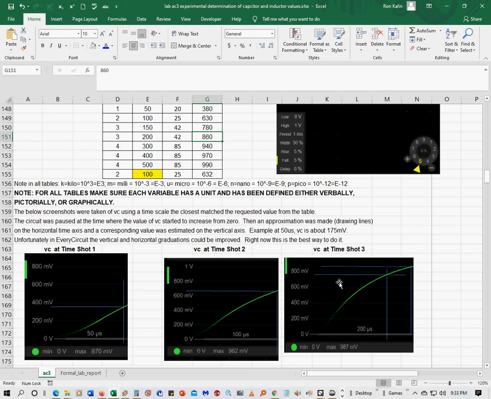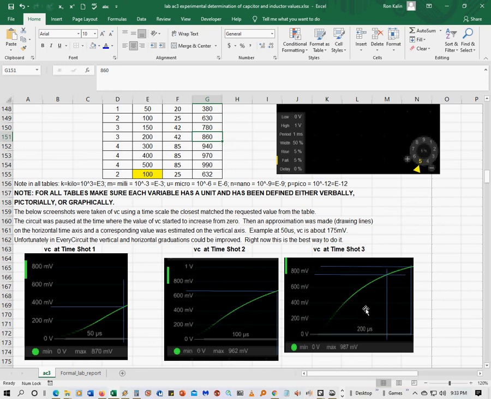You would have to, if you used an oscilloscope, you'd have to use a similar process. The only thing that's better about the scope is you actually have a grid to work with on here. It's a more well-defined grid, so it's easier, and it's graduated.